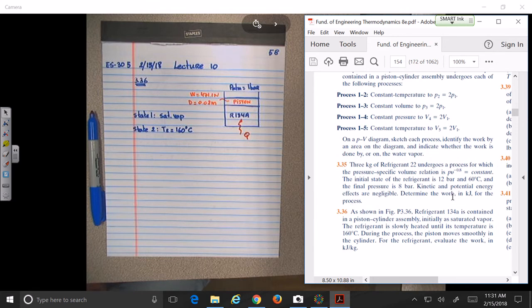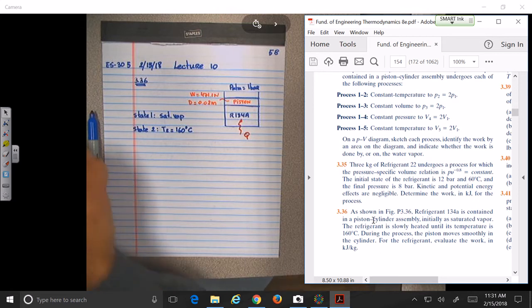As shown in the figure, refrigerant 134A is contained in a piston-cylinder assembly, initially at saturated vapor. The refrigerant is slowly heated until its temperature is 160 degrees Celsius. During the process, the piston moves smoothly in the cylinder. For the refrigerant, evaluate the work in kilojoules per kilogram.